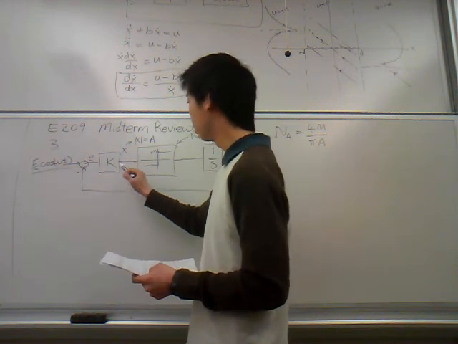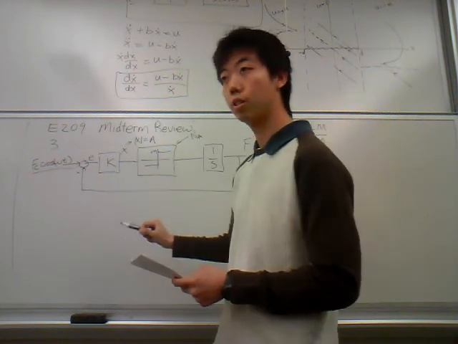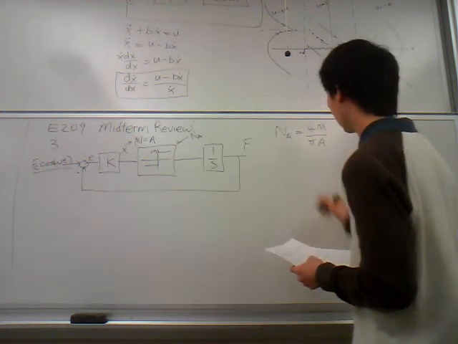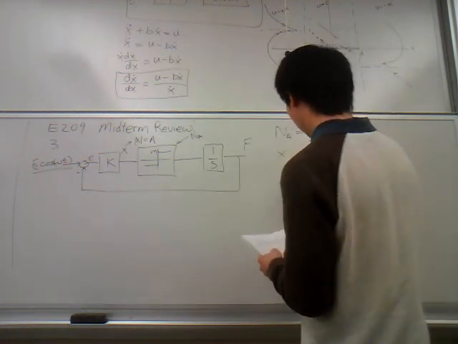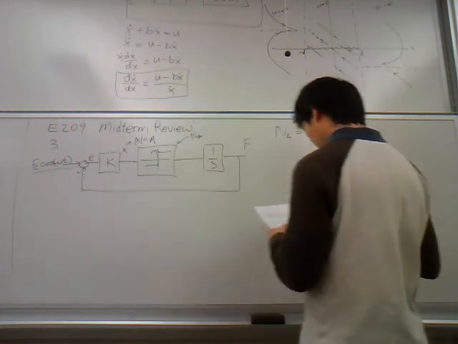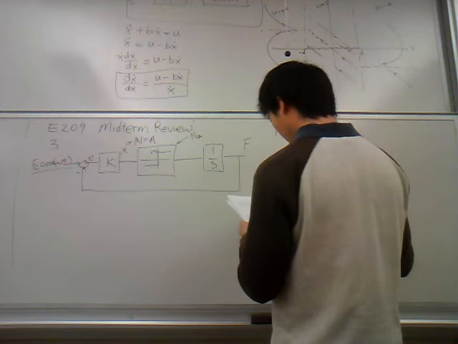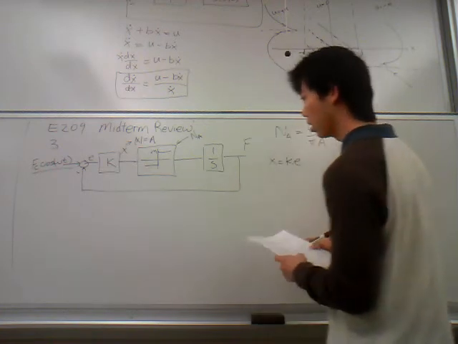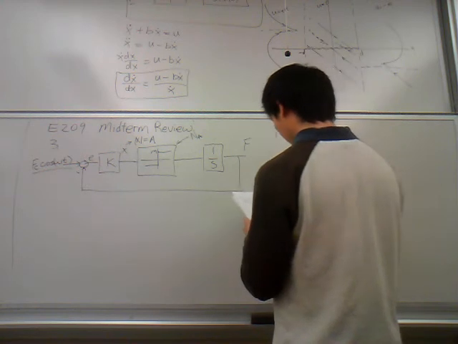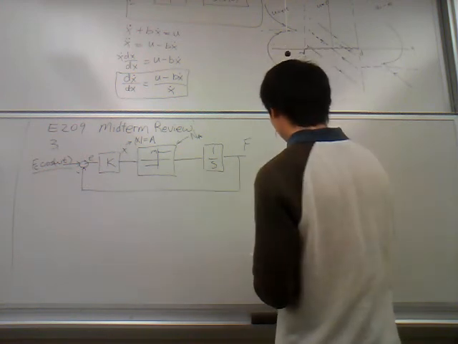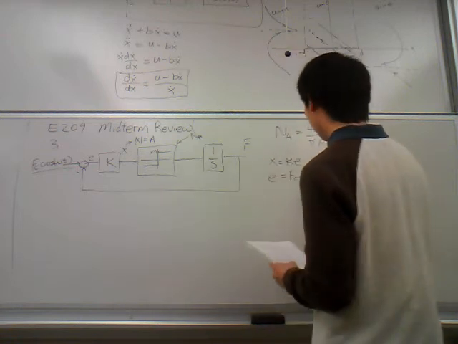So the first thing we want to do is find the transfer function between FC and X. So let's do that. Just going to write it out. X equals K E. Our E is FC minus F.